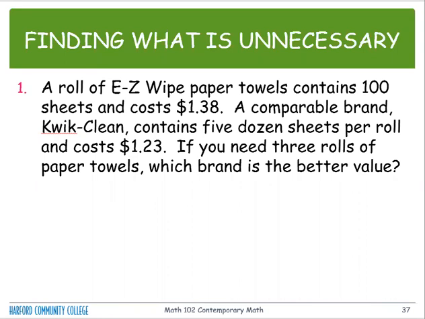The question asks which brand is the better value. The information that is not necessary would be the number of rolls, 3 rolls. So we can say that 3 rolls is not relevant to the problem.